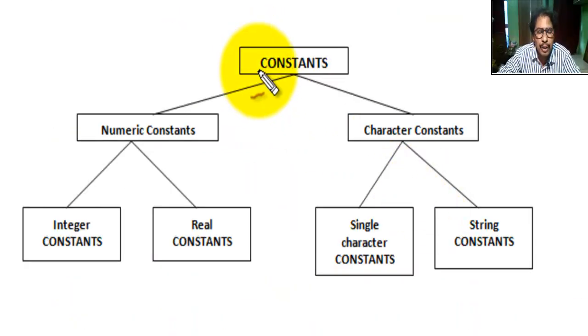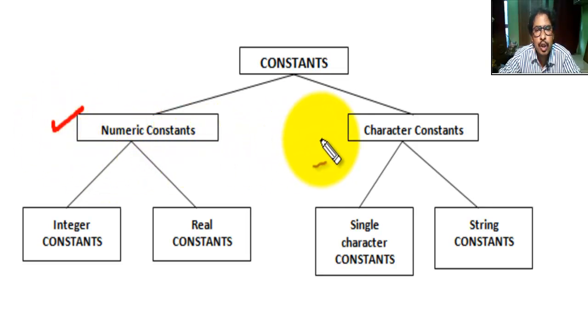Now, different types of constant. Constant is mainly of two types: one, numeric constant, and two, character constant.